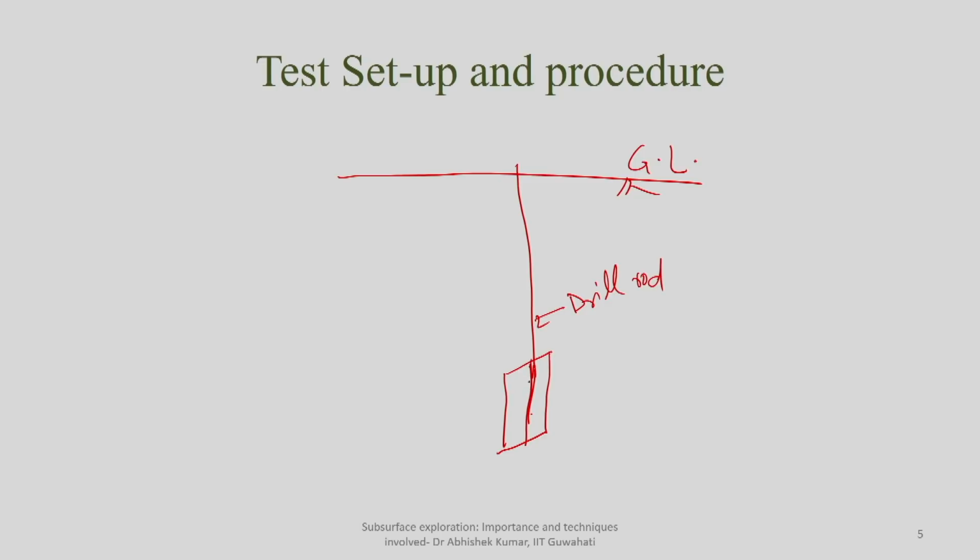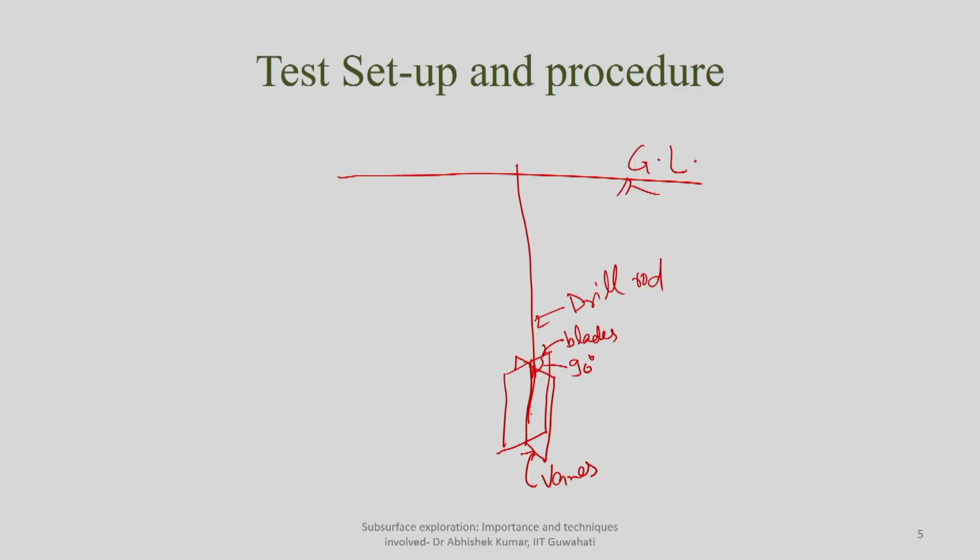This is your drill rod attached to the vane equipment, like this. There will be 4 blades of the vane. This setup itself is called the vane, and each of the blades is at 90 degrees with respect to the others.